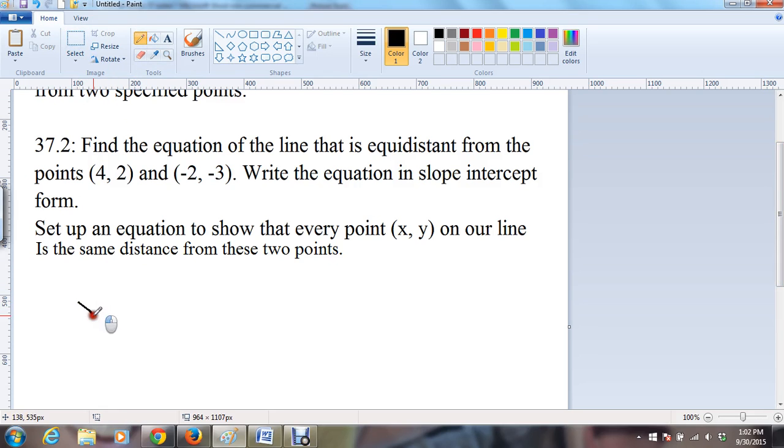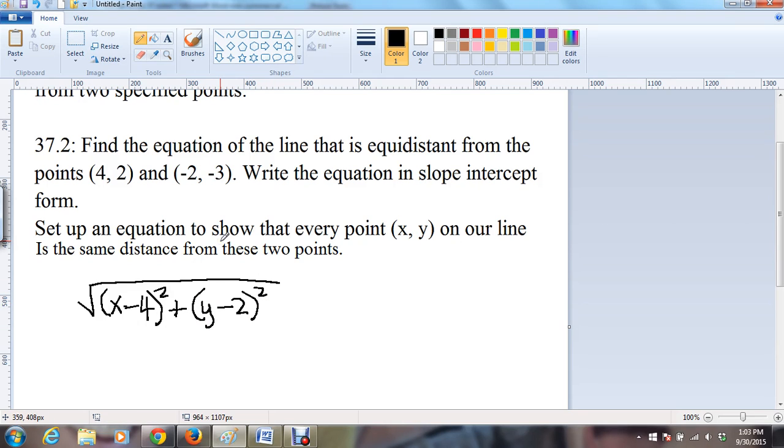So first I'm going to talk about the distance from any point on my line to the point 4, 2. The distance from any point on my line, x, y, to the point 4, 2 would be written using the distance formula as the square root of x minus 4 quantity squared plus y minus 2 quantity squared.